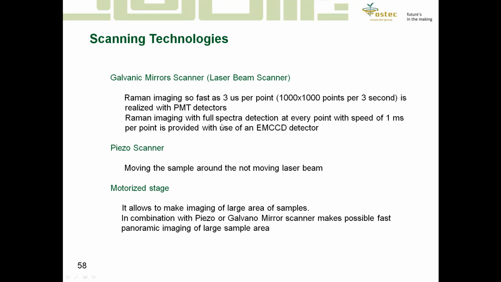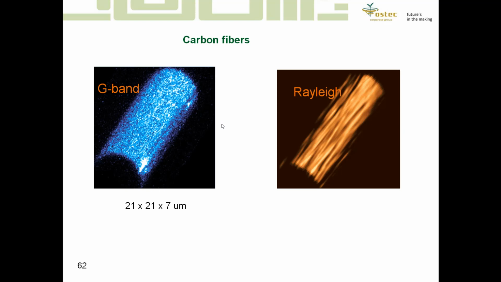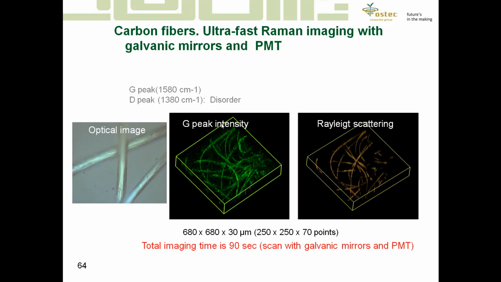What's also important, it does not disturb the sample while scanning, because some structures like fibers are easily disturbed when the sample stage makes the scanning procedure. So here we have carbon fibers and ultra fast Raman imaging with a galvanic mirror, and to get the image of the G band for such fibers, it takes about 90 seconds.